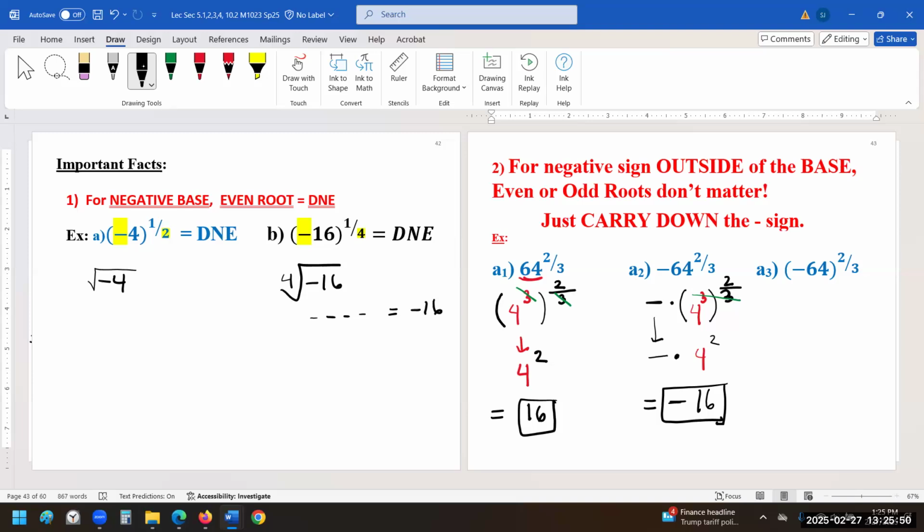So it has to always be odd? No, it depends. The thing is, if you have a negative base, can you find a number that you multiply 3 times and you get the negative of that number? In here, can you think of a number, multiply the same number 3 times, that turns into negative 64? Really? But if you think about it, it's going to be positive no matter what. If you multiply negative 3 times, what does it become? You're right.